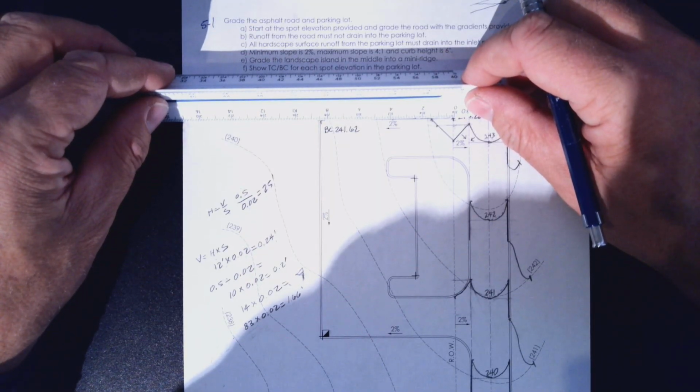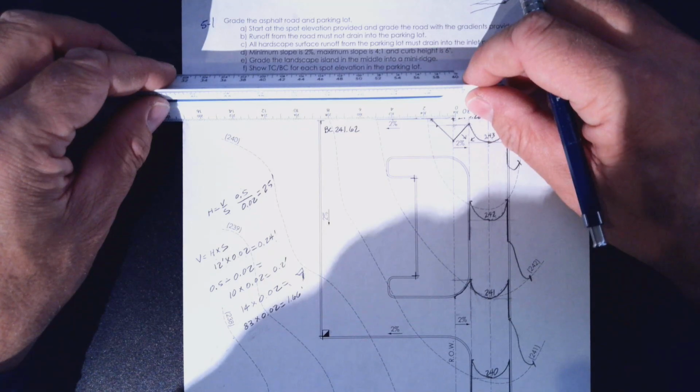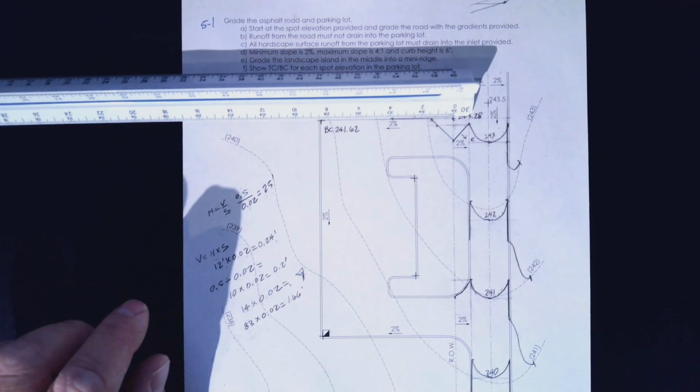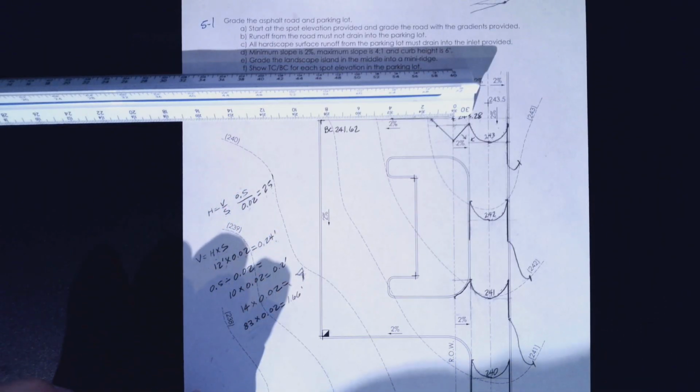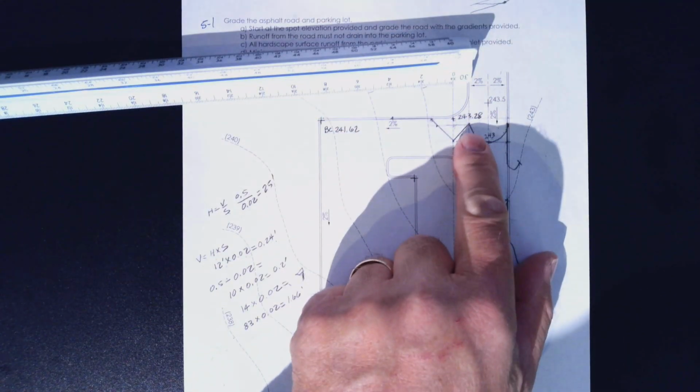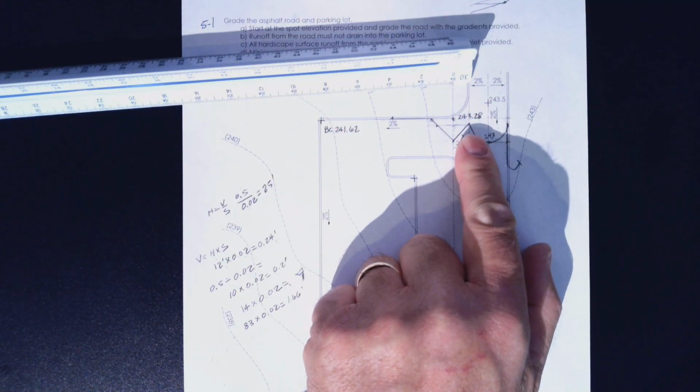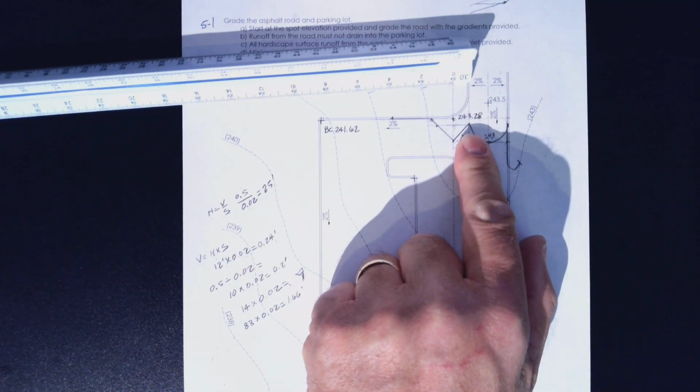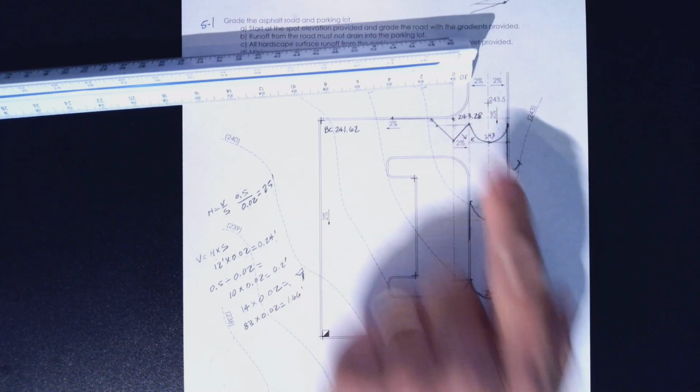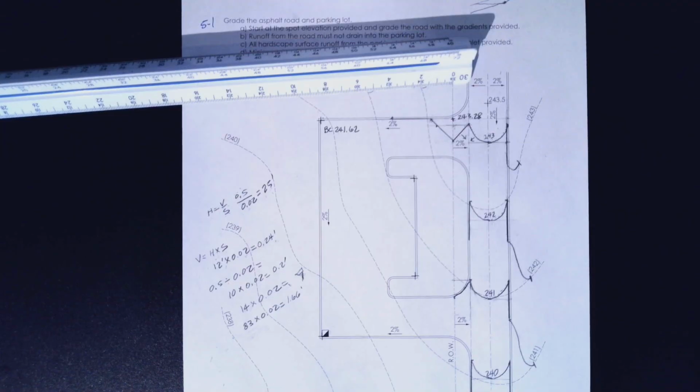Is that 85 feet or 84 feet? Let's see. So 85 times 0.02 equals 1.7. Just a sec while I check here. 1.7. 241.7862.